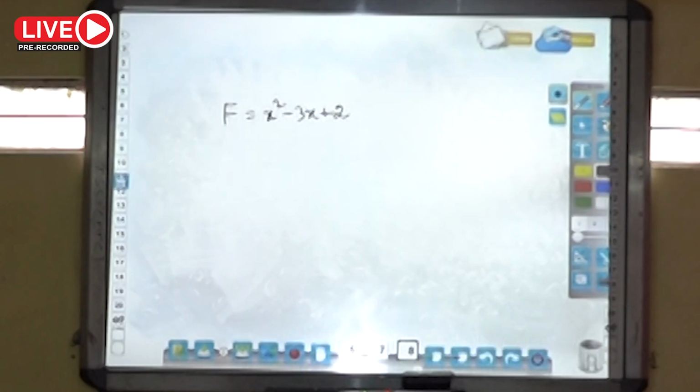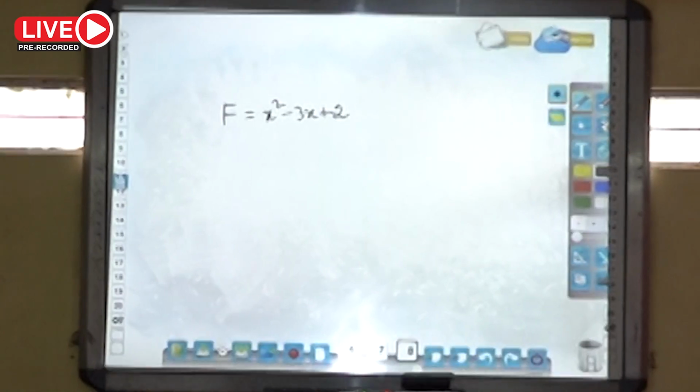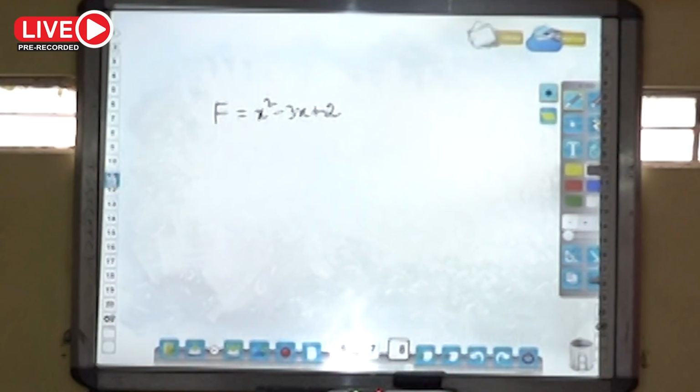Now x is displacement, the position of the particle, which is a real number. So we can consider the discriminant of this equation, b square minus 4ac, which is 9 minus 4.